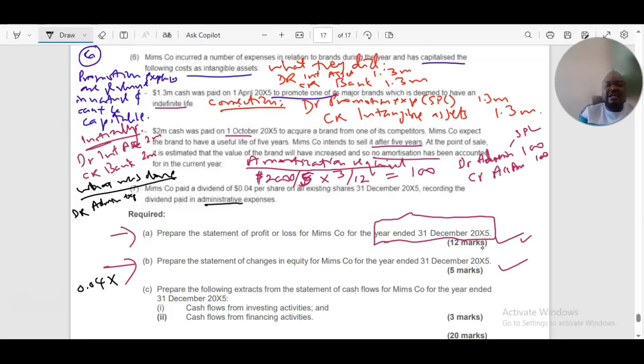How many shares? Remember we had originally 60,000 shares, but we issued 15,000 shares. So we are now having 0.04 multiplied by 75,000 shares. And this should give us something like $3,000.